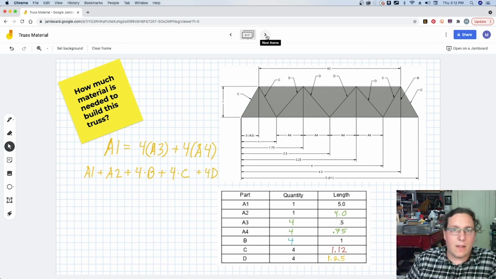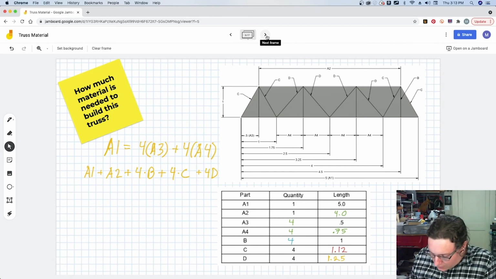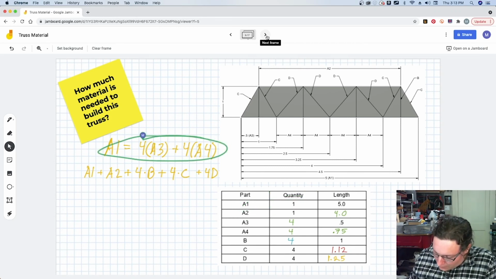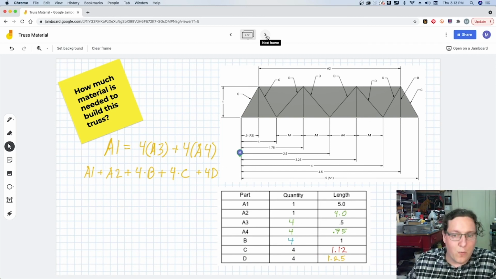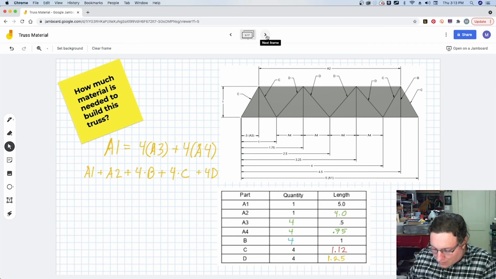Okay. And I like writing out these formulas and piecing together the information because I can make sure that mentally I have everything that we need. Okay. We can see in our table A1 exists one time, A2 exists one time. We established A1 equals all of those A3 and A4 values. We don't need those. B exists 4 times, C exists 4 times, D exists 4 times. We've checked it off.